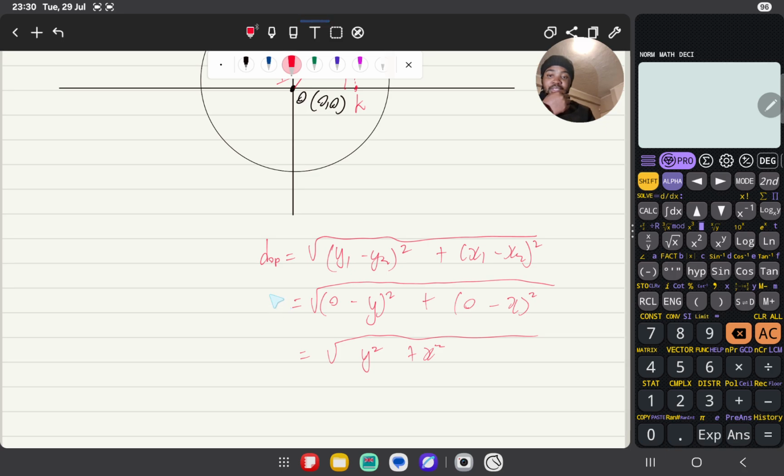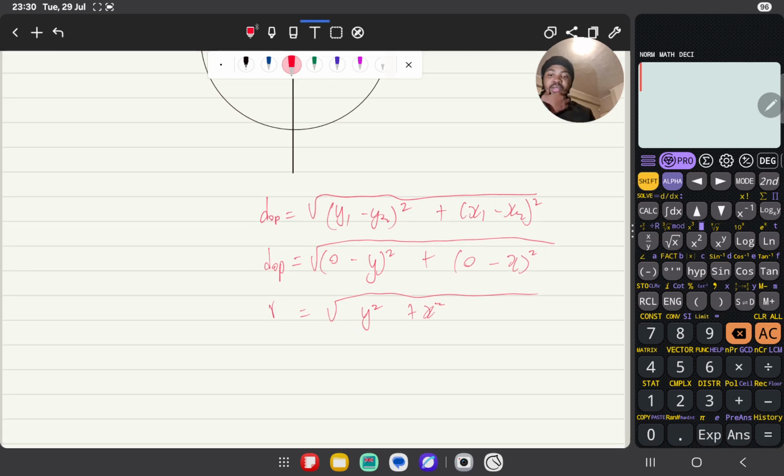Remember, this is the distance for OP, which is also r, the radius. So what does that mean? That means r squared equals y squared plus x squared. And my friends, this is what we call the formula of a circle with a center 0, 0. This is how we find it, and this is the structure of your formula.